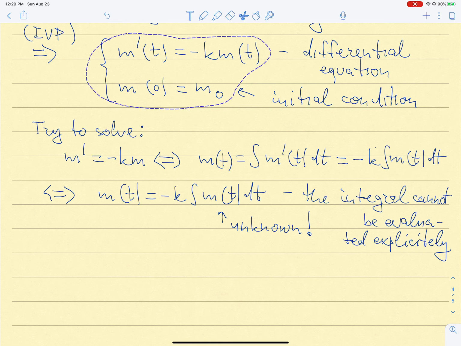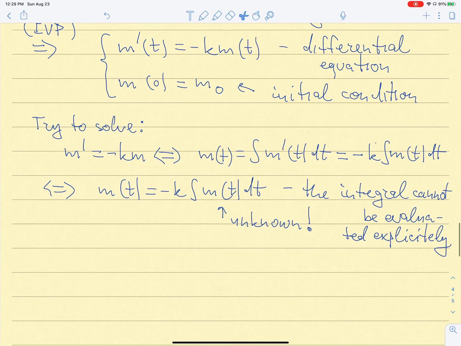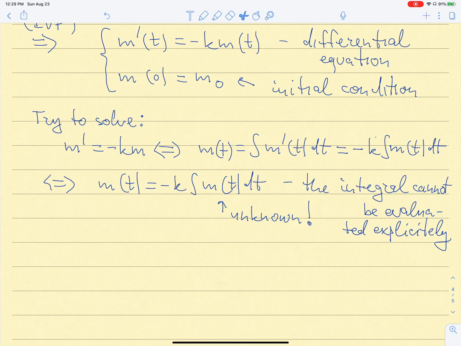But this method of solving, which just involves blindly integrating both sides of your differential equation, certainly is not going to work because we don't know what the function is. So at this stage, I'm basically reduced to trying to guess.